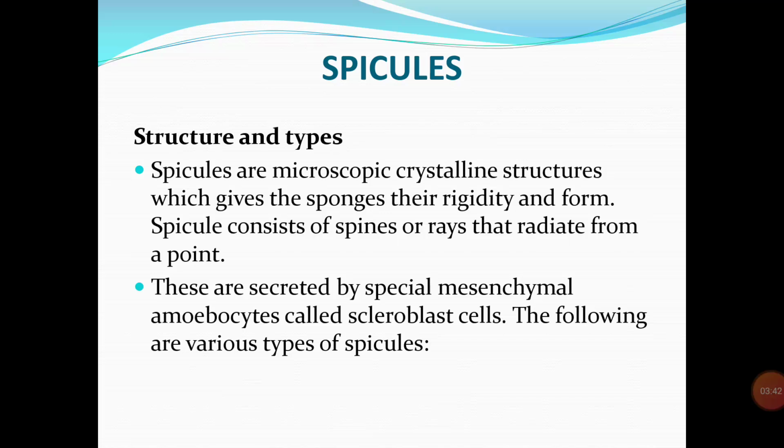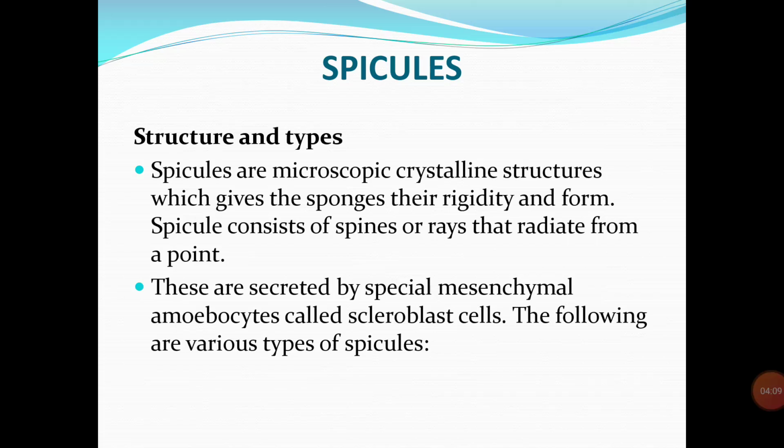Now the second most important part of the skeleton of sponges are the spicules. So first of all, what is the structure and what are the types of spicules? Spicules are microscopic crystalline structures which give the sponges their rigidity and form.